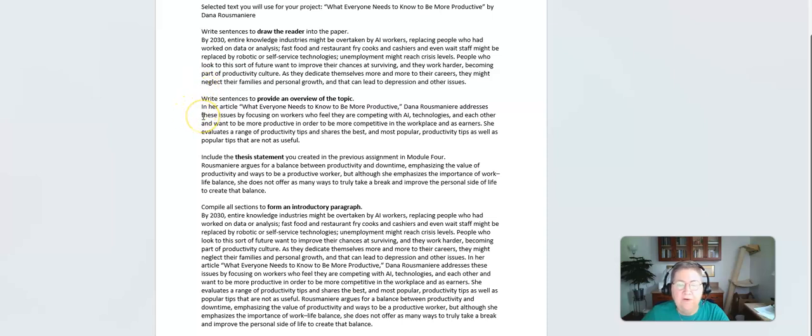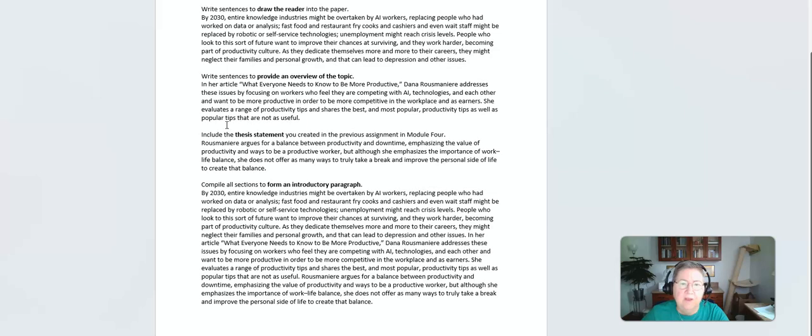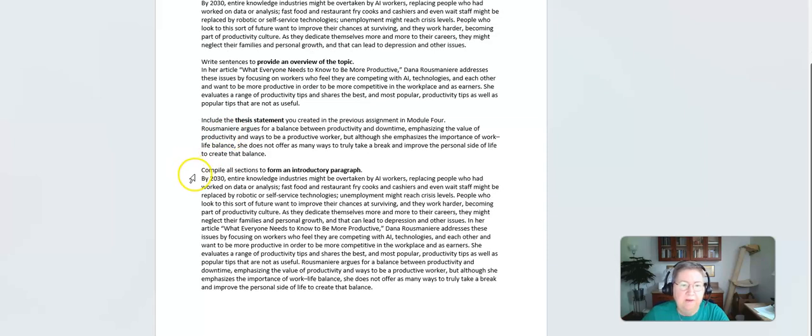In giving an overview or a summary of the article, read the example here and see if you can do the same thing about your original article. And then include the thesis statements. You'll just be copying and pasting the thesis statement that you developed in assignment 4-1. And then we have it combined here into an actual paragraph.